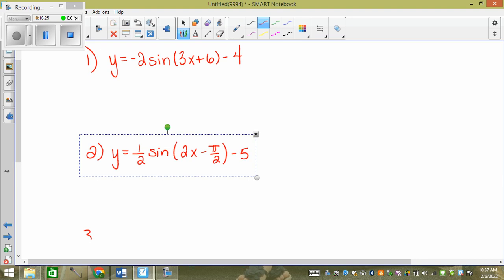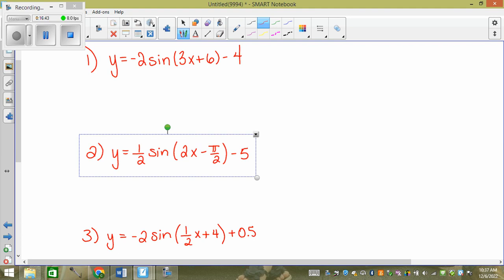And then your third equation is going to be y equals -2 sine 1/2 x plus 4, plus 0.5.